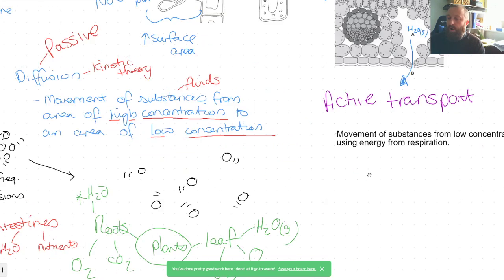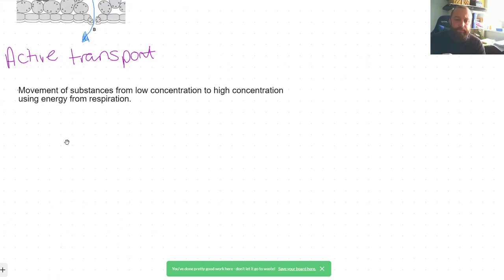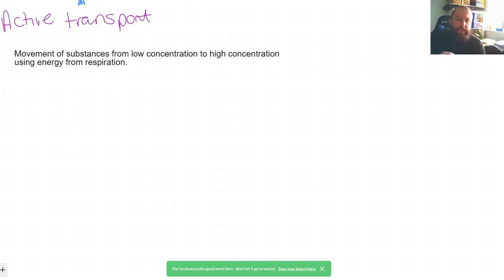Now, the problem we've got when we look at active transport is some substances and minerals in roots, particularly key on this one. We don't have very many of them in the soil, but the plant still needs them. So we're going from low concentration rather than from a high concentration, and we're trying to force them together.